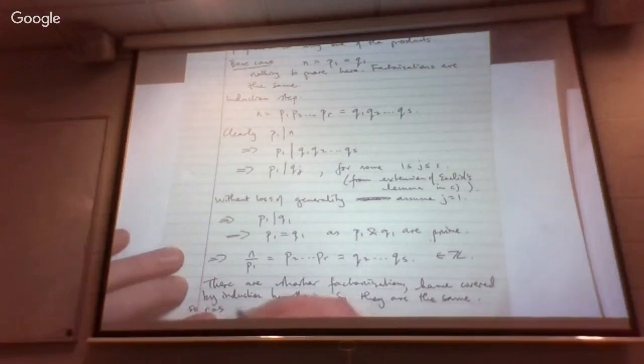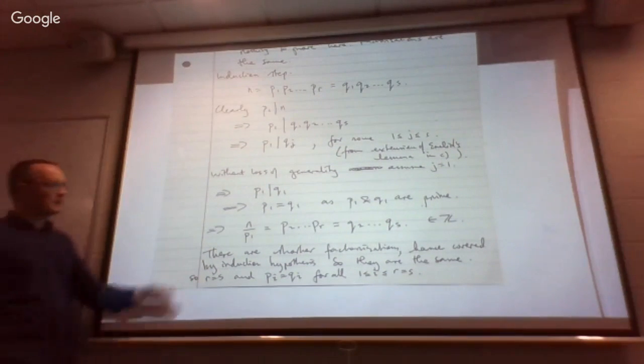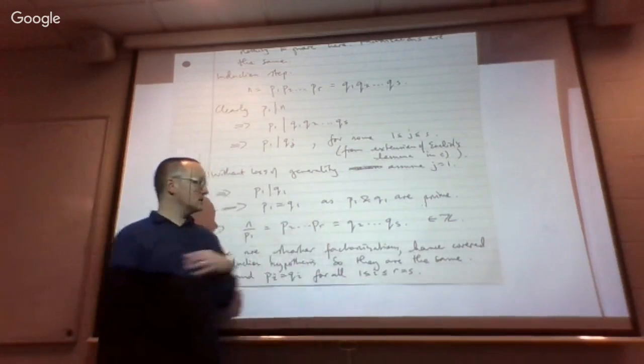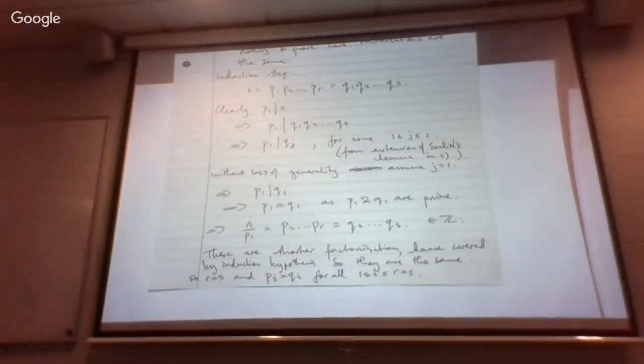So R equals S, and PI equals QI for all I now between 1 and R equals S. Okay, the induction hypothesis will say all the P's are equal to all the Q's for every index from 2 up to R. And we've just concluded that the first ones are equal. So therefore, they're all equal.